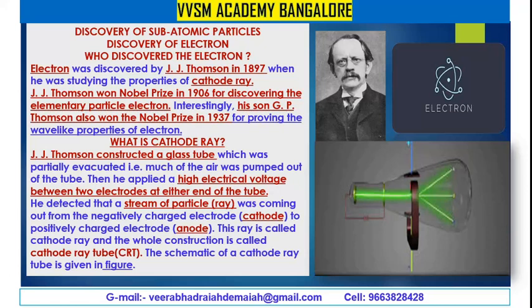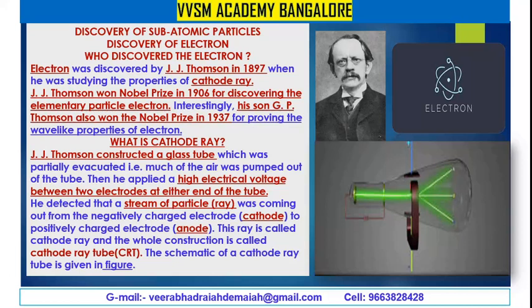Now, what is a cathode ray? Sir J.J. Thomson constructed a glass tube which was partially evacuated. That is, much of the air was pumped out of the tube. Then he applied a high electrical voltage between two electrodes at either end of the tube. He detected that a stream of rays was coming out from the negatively charged electrode, that is the cathode, to the anode, the positively charged electrode.